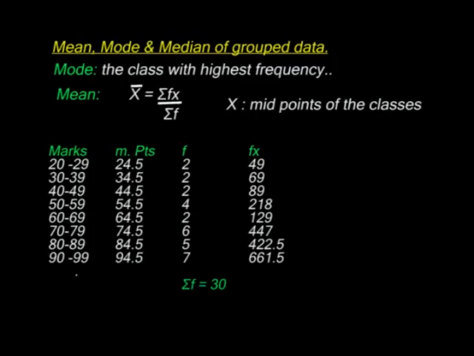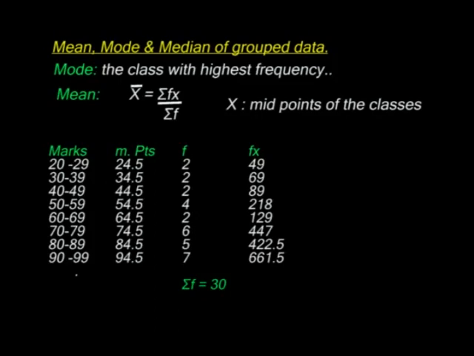We had 30 students. We then have fx. We multiply x, which in our case was the midpoint, times frequency. And we start with 49. 34.5 times 2 is 69, all the way up to 94.5 times 7, which is 661.5.